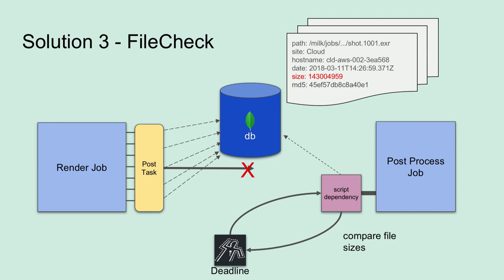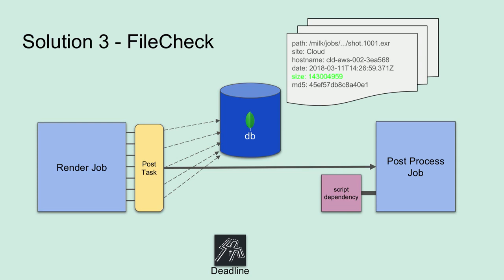So what we did is this script dependency would compare the file sizes between what's stored in the database and what's stored on the on-prem file system. And until the file sizes match, it just doesn't start the job. And when the file sizes finally match, then it can actually release the job. So what this means is we know that when the post-process job runs, it has all the data it needs.